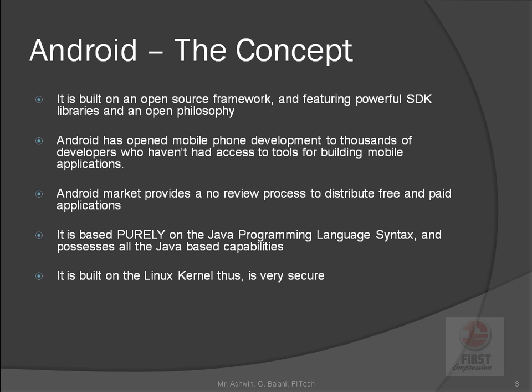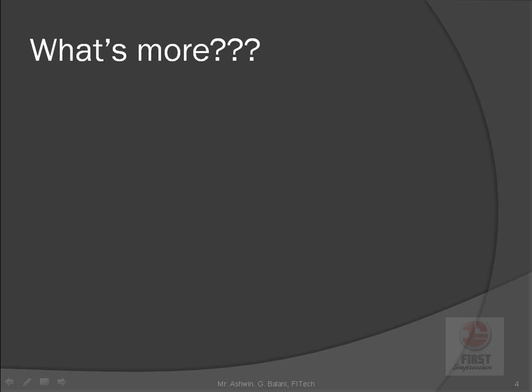That makes Android very secure. Android uses Dalvik Virtual Machine (DVM), which is a lightweight version of the Java Virtual Machine. Whenever you develop applications for Java, you require a JVM, that is Java Virtual Machine, whereas for Android you require DVM, that is Dalvik Virtual Machine. Let's see what's more.